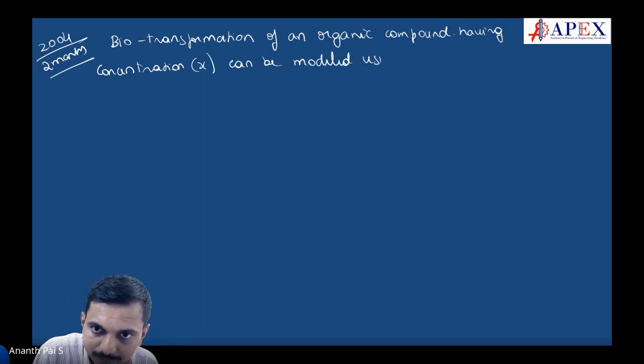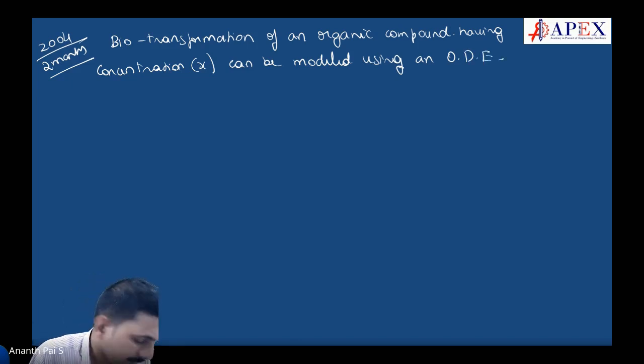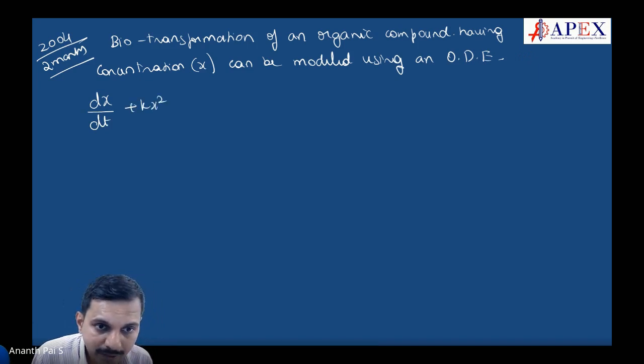using an ordinary differential equation dx by dt plus kx square is equal to 0, where k is the reaction rate.